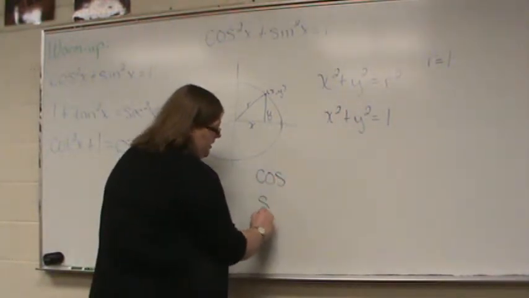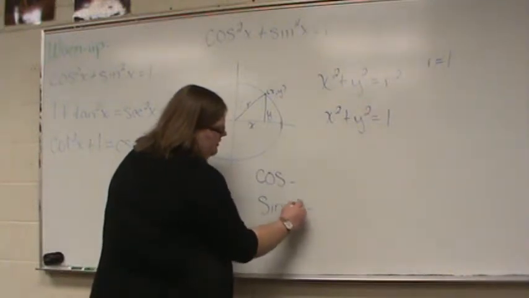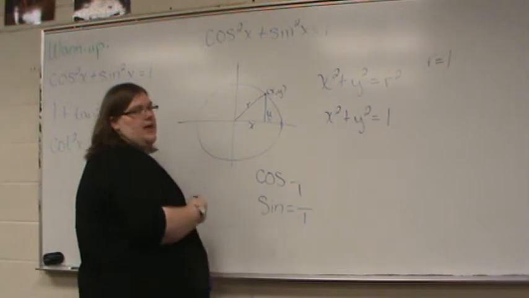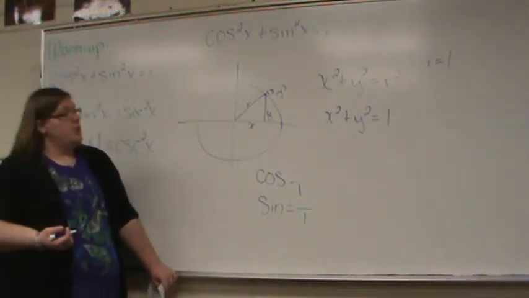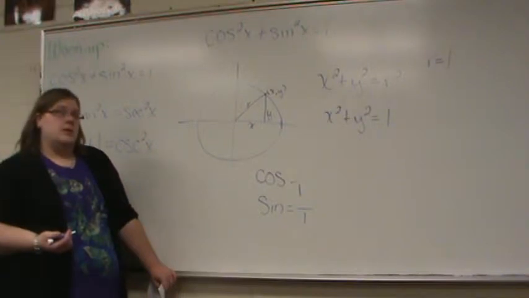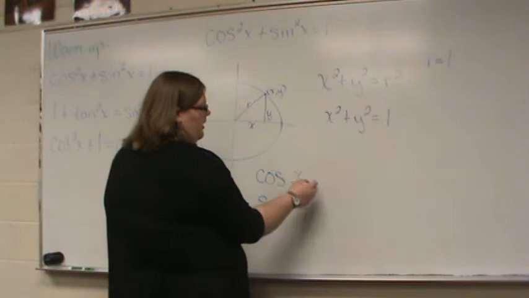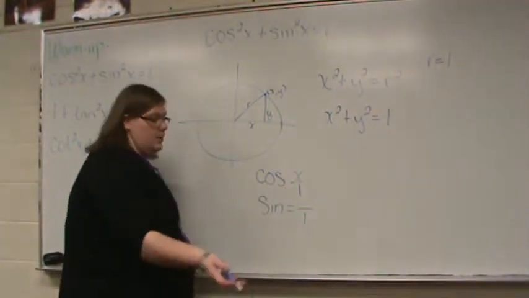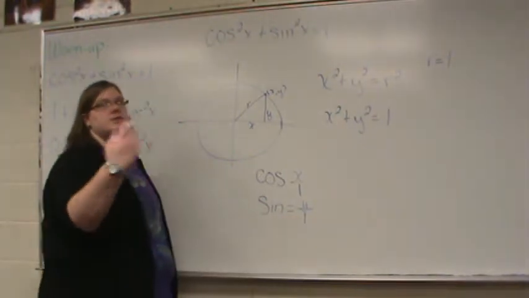So we know that cosine and sine are something over 1, because that's our R value. Cosine is x over r, and sine is y over r. So cosine is x over our R, which in this case is 1. And sine is our Y value over our R, which is 1.